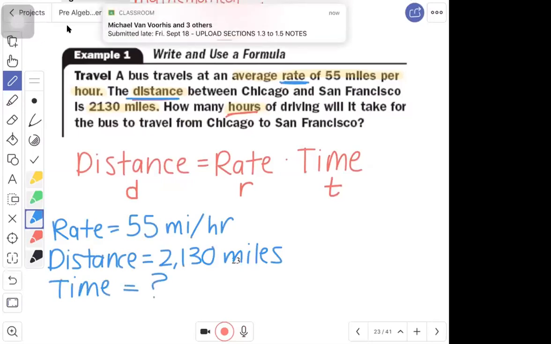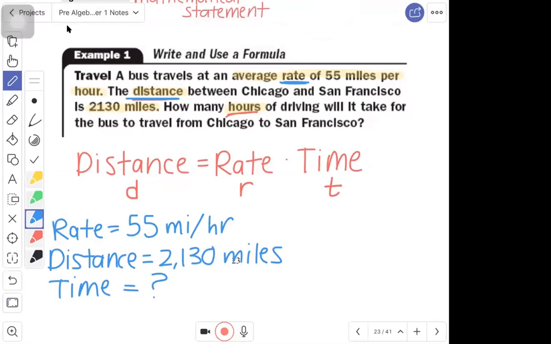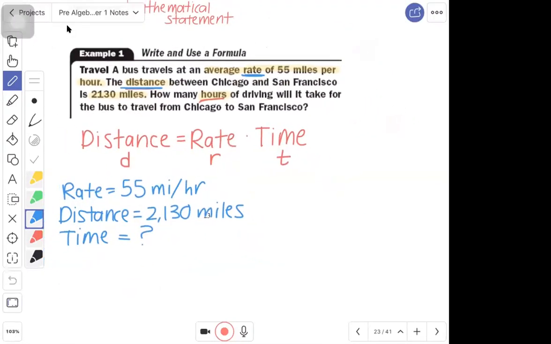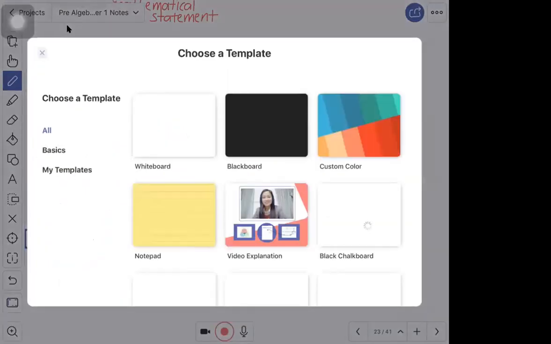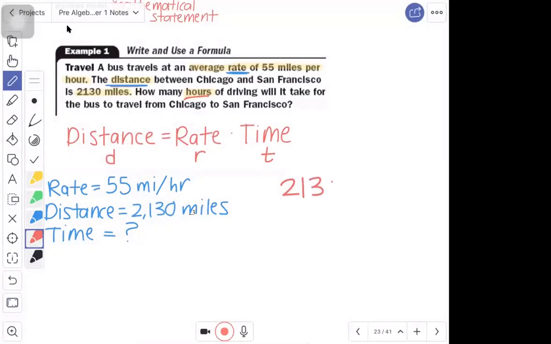And now we're just going to plug what we know into the equation. So we have our distance to be 2,130 equaling our rate, which they gave us to be 55, and our time, which we're solving for, which we labeled t.